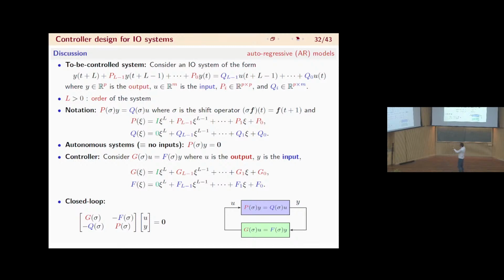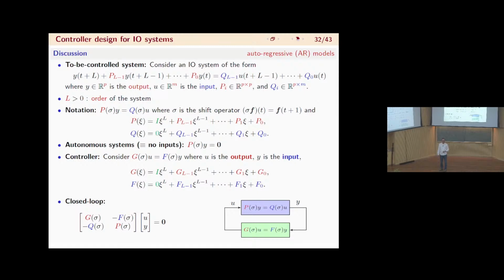And the to-be-controlled system is given by P and Q polynomial matrices. I'm going to take controller given by G and F polynomial matrices. And I'm going to assume, again, the coefficient of the highest power term here is identity and 0 here.